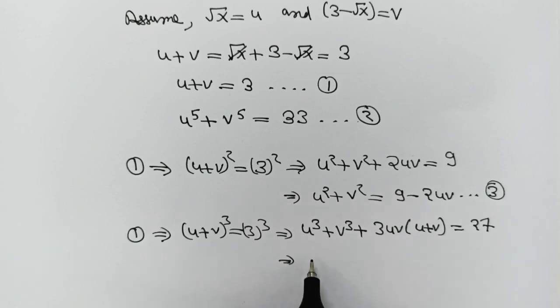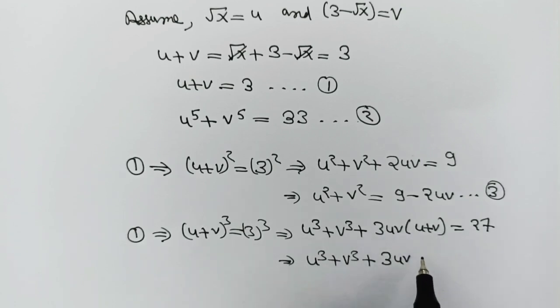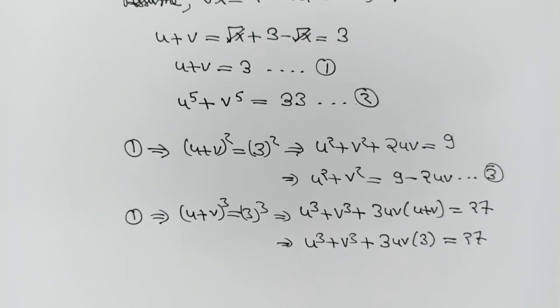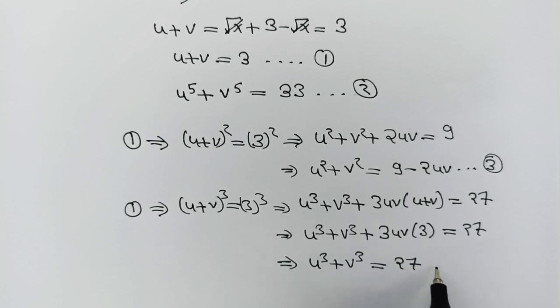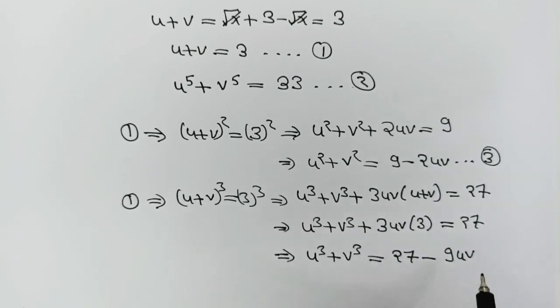And then we have u³ + v³ + 3uv, and u + v is nothing but 3, which is equal to 27. Then this implies u³ + v³ = 27 − 9uv, since 3 into 3 is 9. Suppose this is equation number 4.